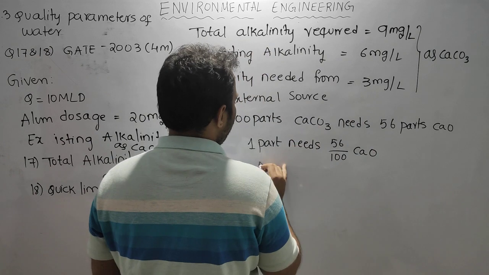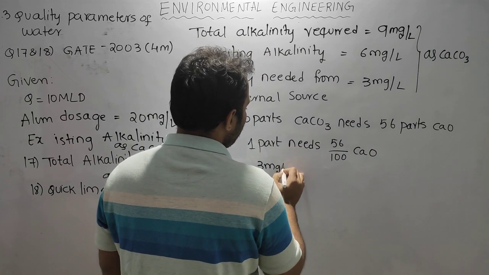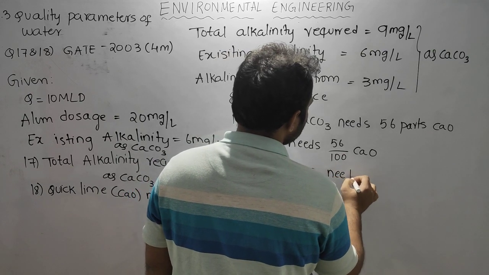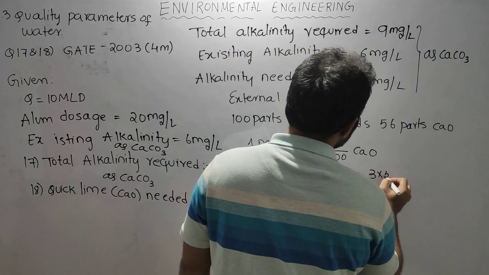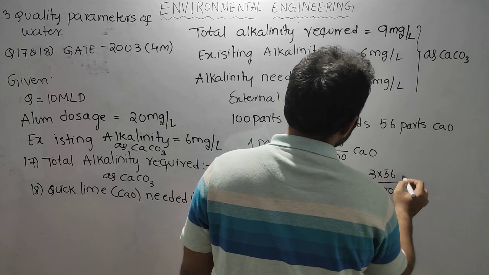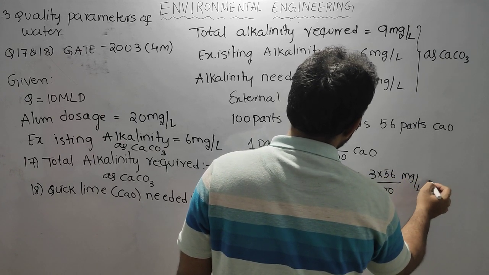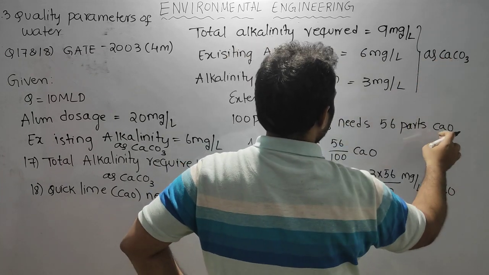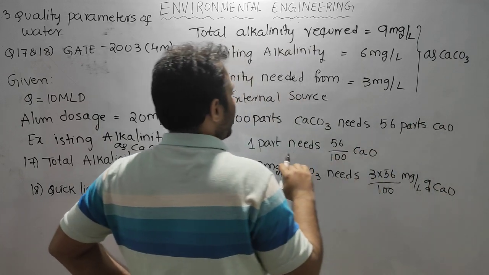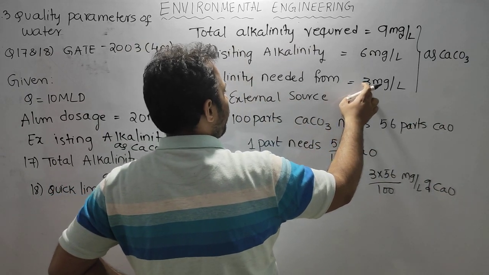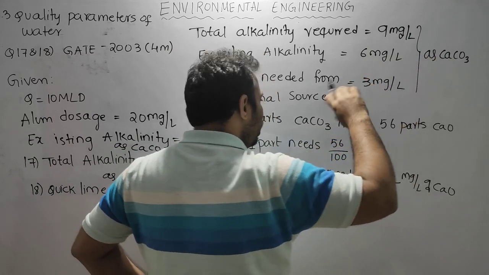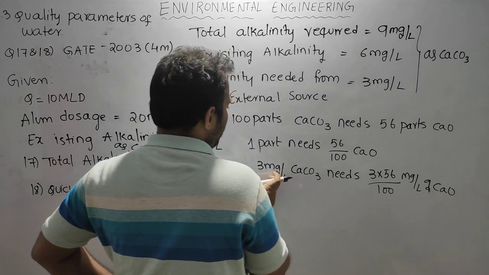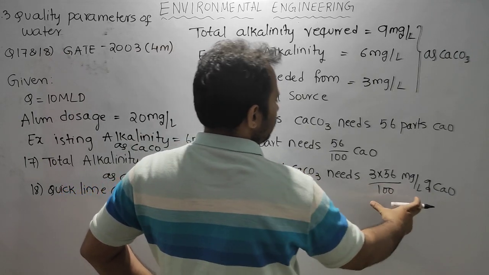Now 3 mg per liter of CaCO3 needs 3 into 56 by 100 mg per liter of CaO. Actually we want CaCO3, but we are procuring CaO. So we have to convert this 3 mg per liter requirement as CaCO3 into the requirement in terms of CaO.